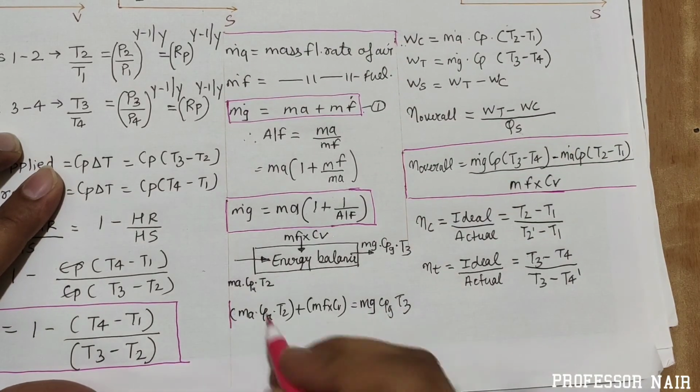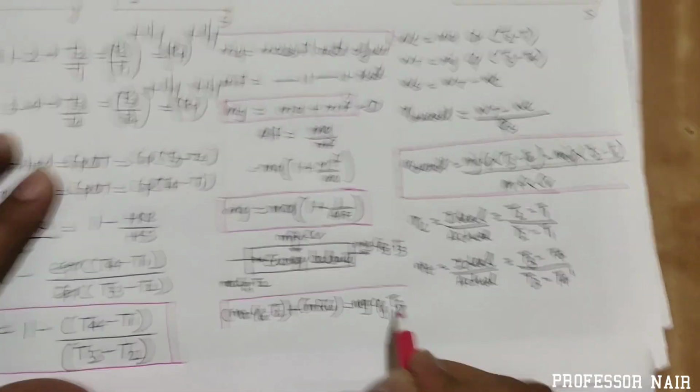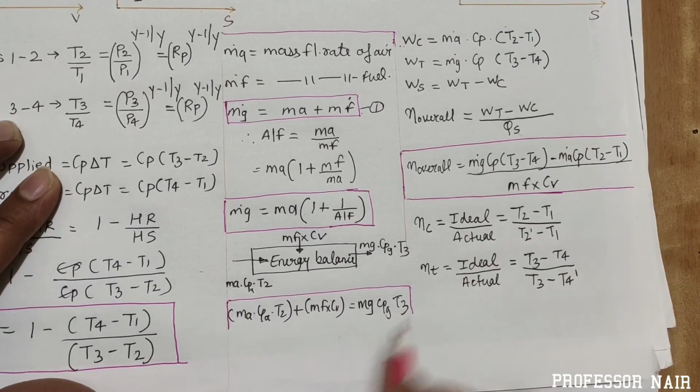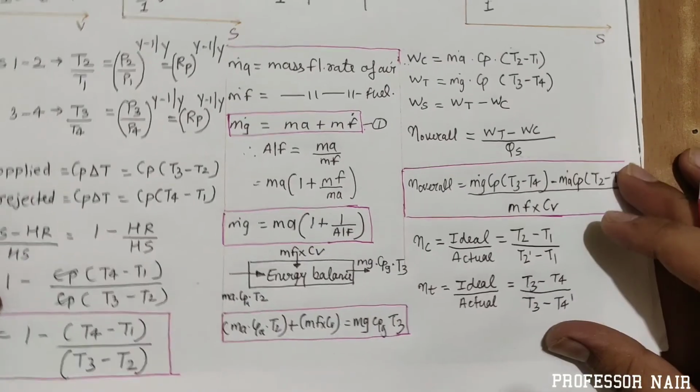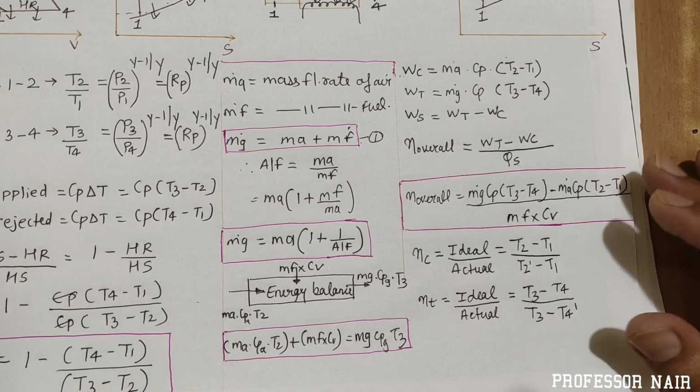This is the formula for the combustor. From here you can find T3, MG or anything.